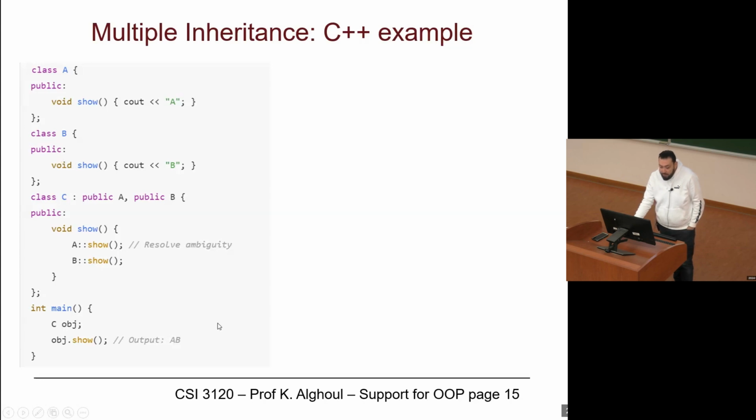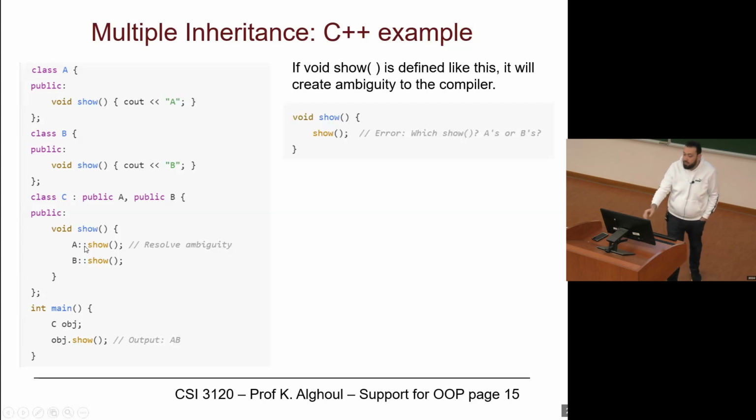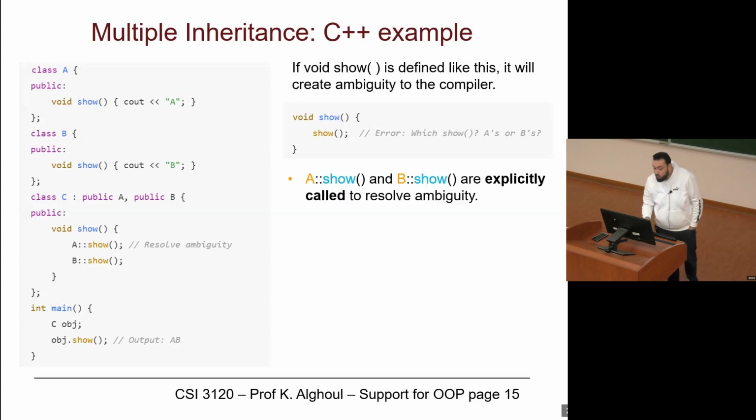Now, if here I didn't specify it, I didn't say A, two colons, show, or B, and I just called this, what's going to happen? The compiler will not know. Ambiguity, the compiler will be confused. I don't know which one, so we're going to have an issue. That's why A and B are explicitly called to resolve ambiguity in C++.